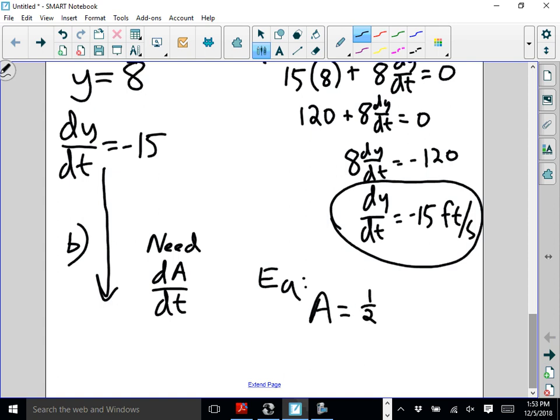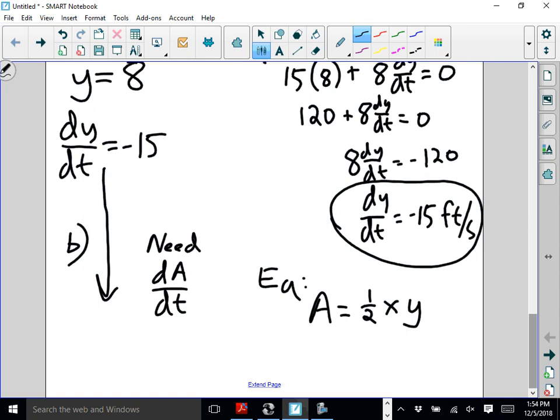Now, some people might say x times y over 2, right? Or if you use b and h, bh over 2. I prefer this way so I don't have to try and do a quotient rule here. So I do need to do a product rule here.